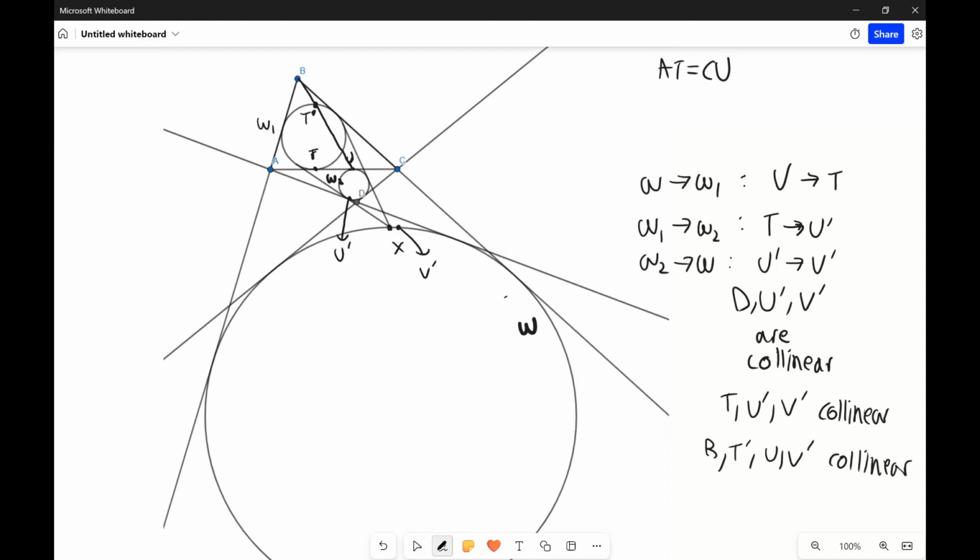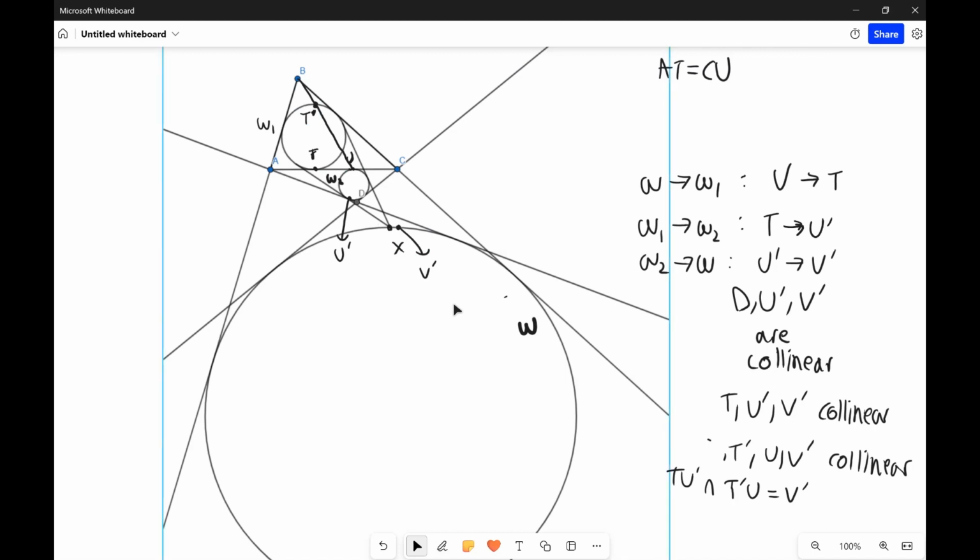But we won't need the B part, because now we know that TU prime and T prime U intersect at point V prime. However, the intersection of the top points of each circle and the intersection of the bottom points of each circle is just the center of homothety. So therefore, V prime is the center of a homothety sending omega 1 to omega 2.